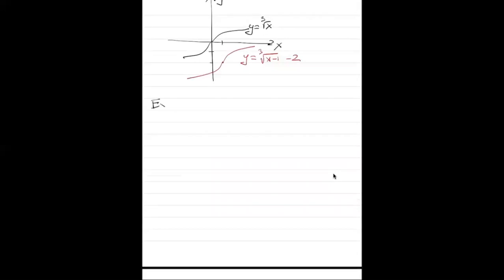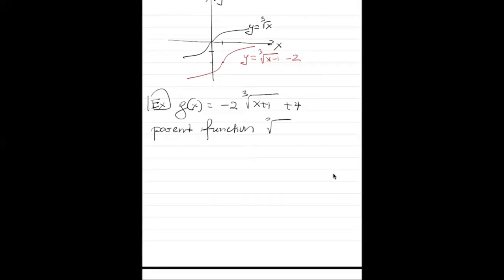Another example, g of x equals negative 2 cube root of x plus 1 plus 4. Again, we have the parent function, which is the most basic function from that family, cube root of x.